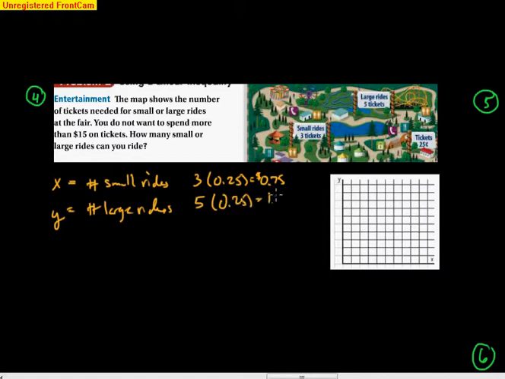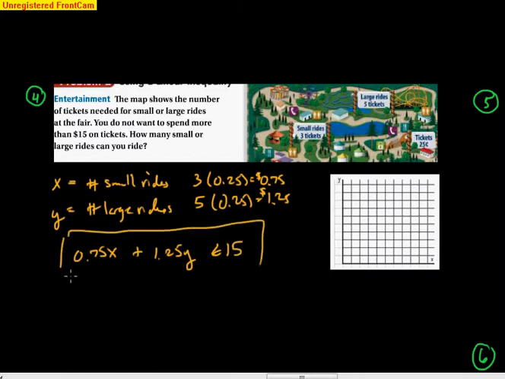That's $1.25 to ride a large ride. So if I take the number of small rides I do and multiply it by 0.75, and I add that to the number of large rides I do multiplied by $1.25, this needs to be no more than $15, less than or equal to 15.